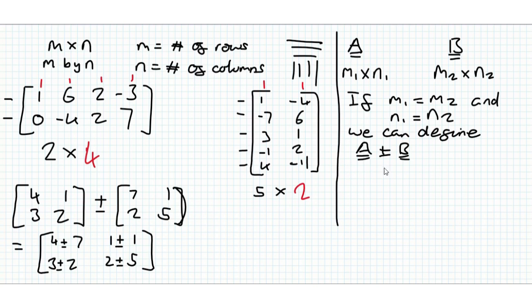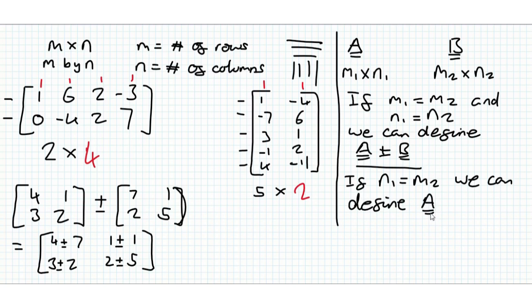Second, if n1 is equal to m2, we can define A multiplied by B, where this product sign denotes matrix multiplication.